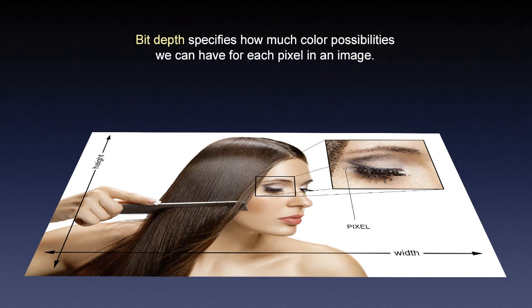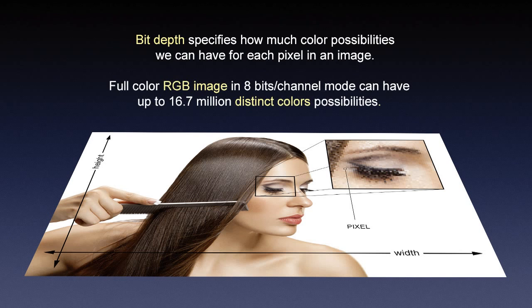Simple as that. Well, a bit depth, as we already discussed, specifies how many color possibilities we can have for each of those little pixels in one single image. So we know that this is a full color RGB image, and in this case we're working in 8 bits per channel mode, which gives us up to 16.7 million possible distinct colors.